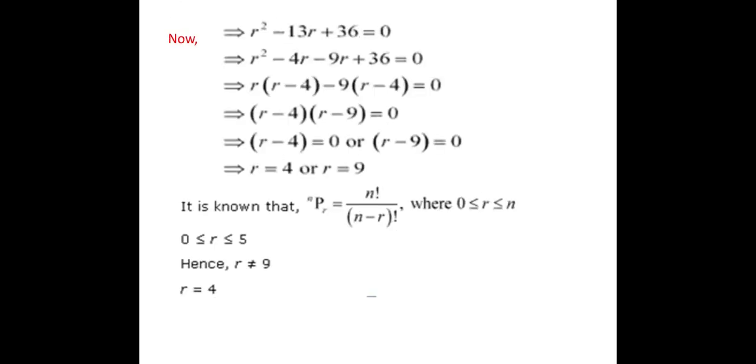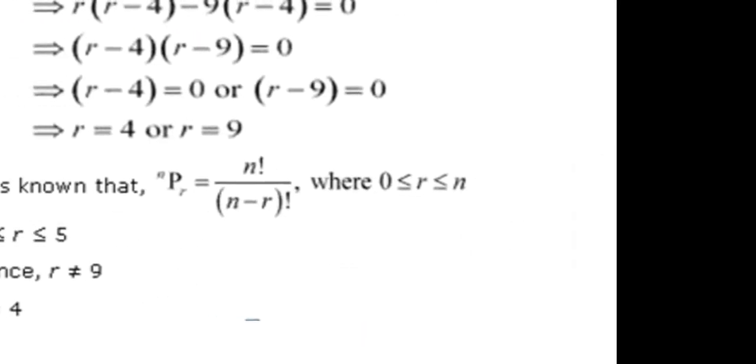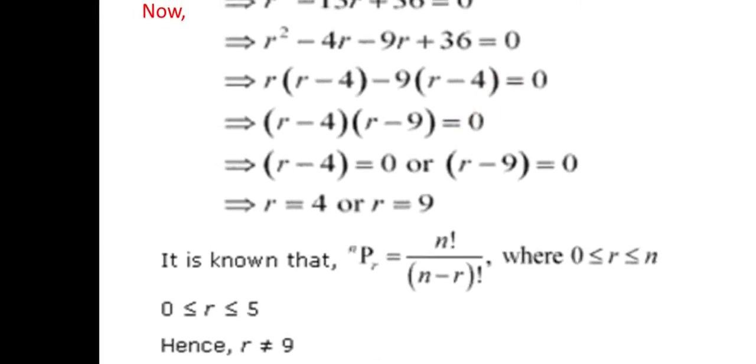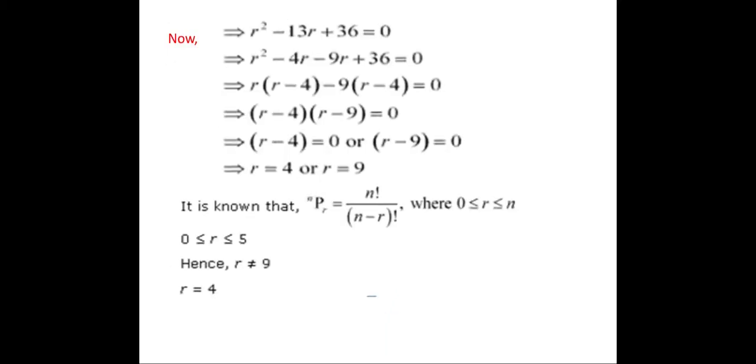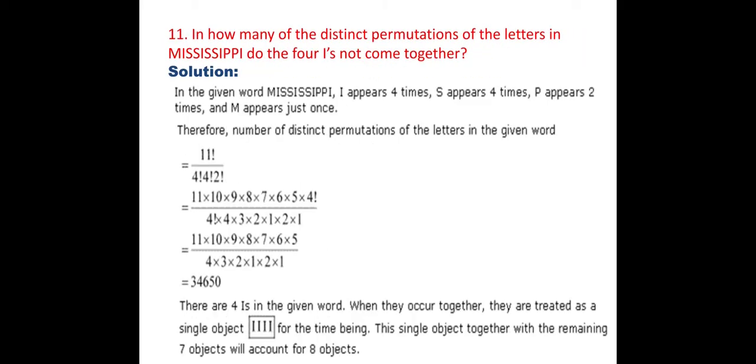After factorization of this quadratic equation, the value of r will be 4 or 9. Since r has a range of 0 to 5, the answer of this question is 4.